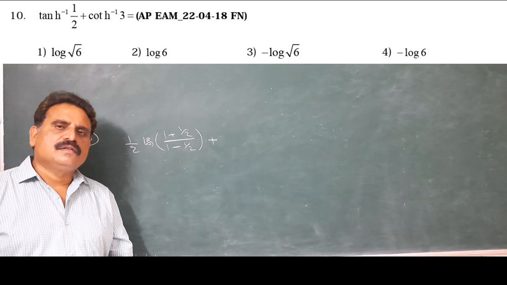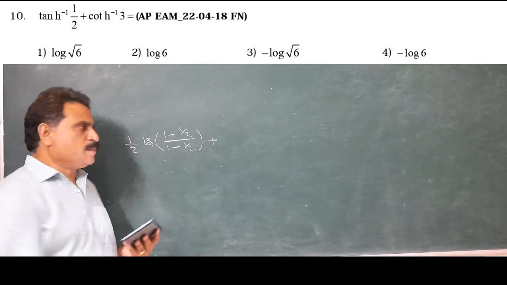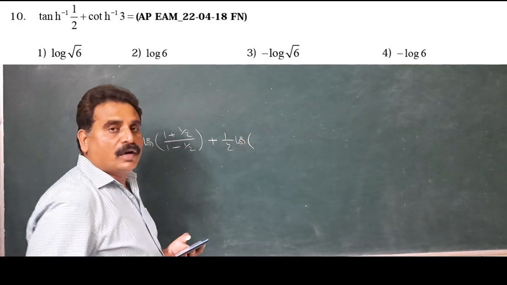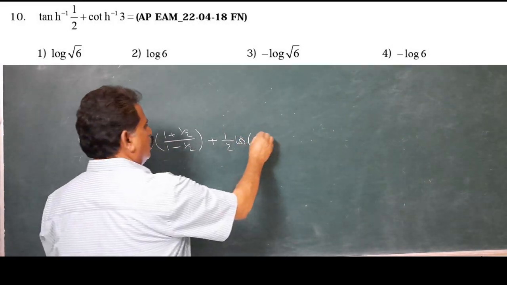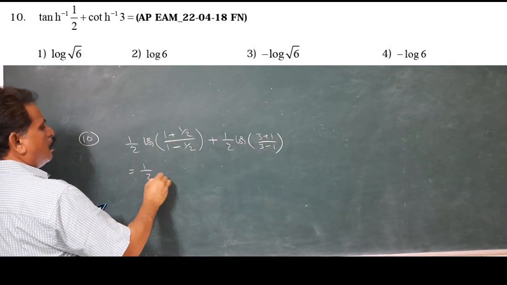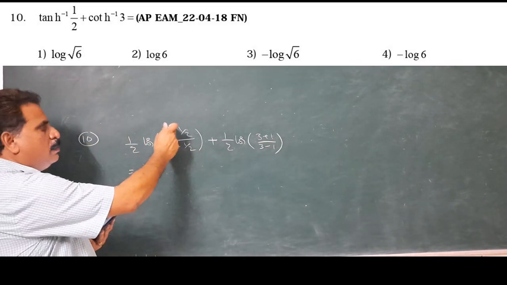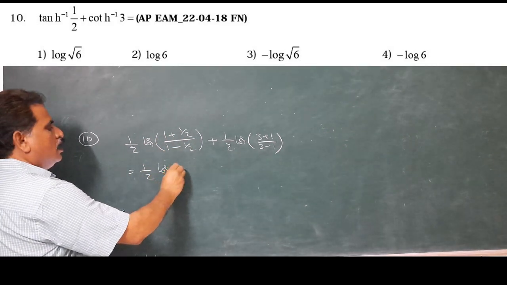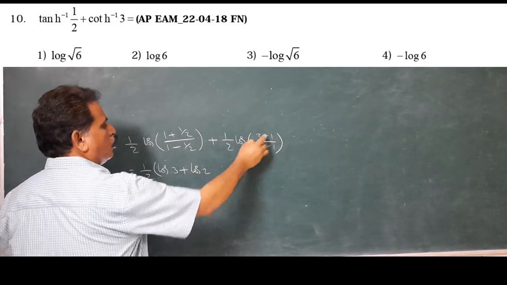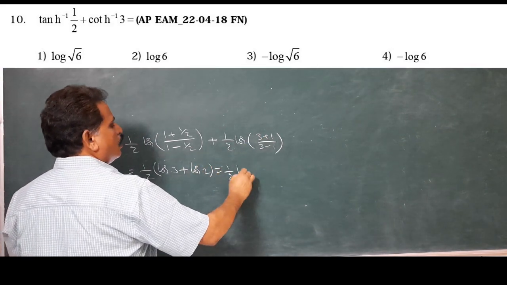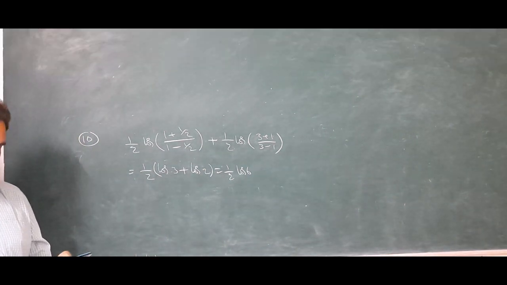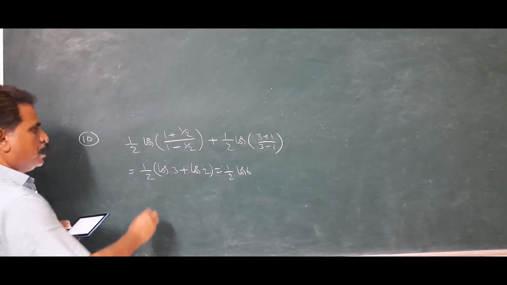Cot h inverse x is half log (x plus 1) by (x minus 1), where mod x is greater than 1. So that is 3 plus 1 by 3 minus 1. By simplifying this, it is half log of 3 by 2 by 1 by 2, taking half common, this is log 2, 4 by 2 log 2, half log 6. So the option is log root 6. First option is correct.